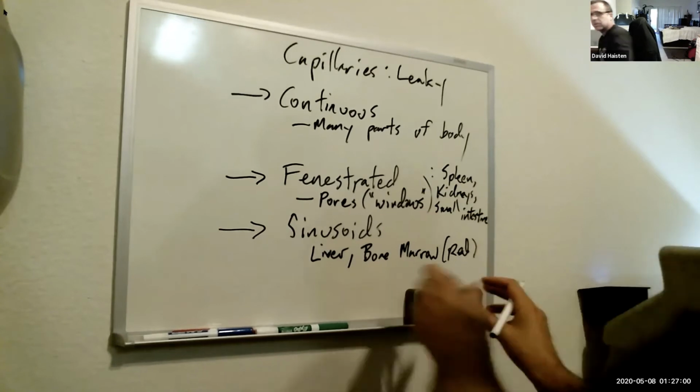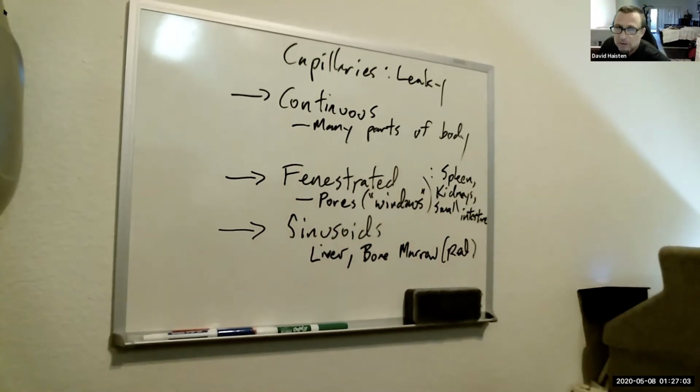Sinusoids are these capillaries that not only do they have little windows in them for material to get in and out quickly, they have holes just ripped in them in between the junctions where the squamous epithelial cells interlock. Usually there's actually big rips, or they're not rips, they're just big holes. And sinusoids have openings in them large enough for a red blood cell to get through. So these are the three types of capillaries.